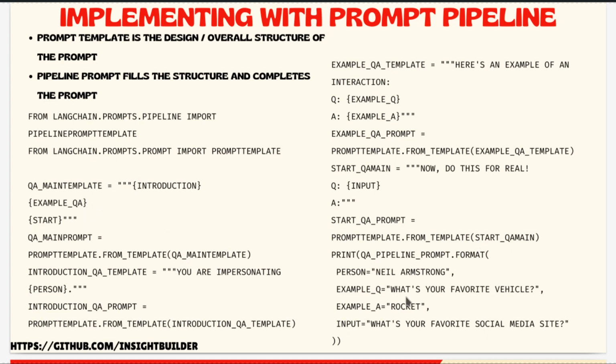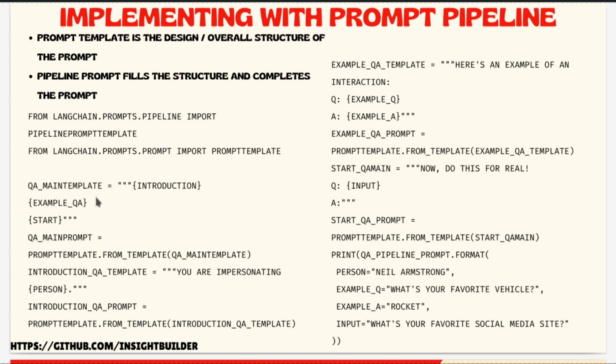In this example that you see here, we see three different prompt templates that have been created using the prompt template primitive, that is the QA main prompt template. That is created here. This is the main skeleton, which has three inputs: introduction, example QA, and start. These are three parts of the main prompt.